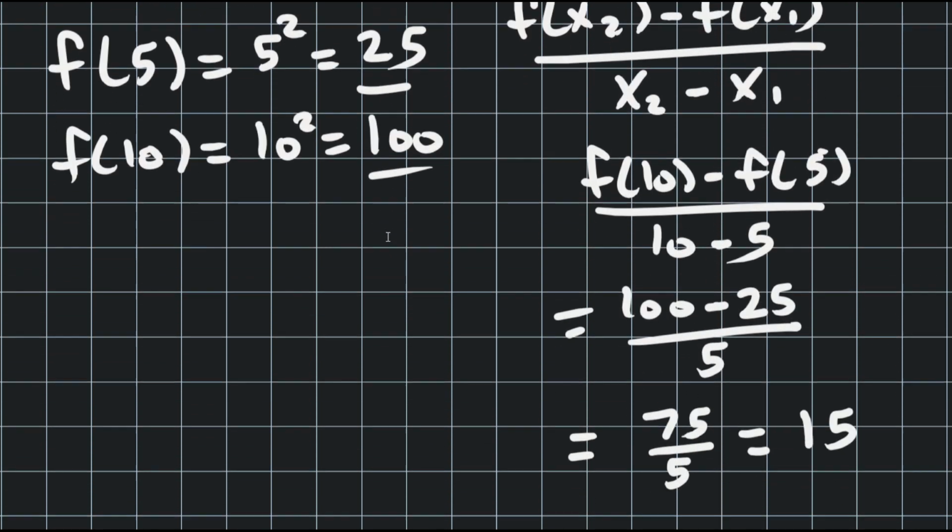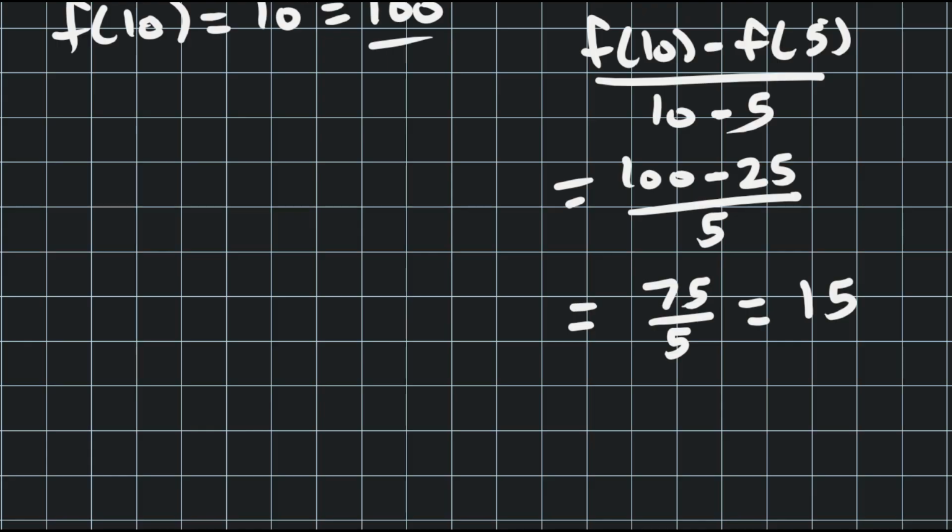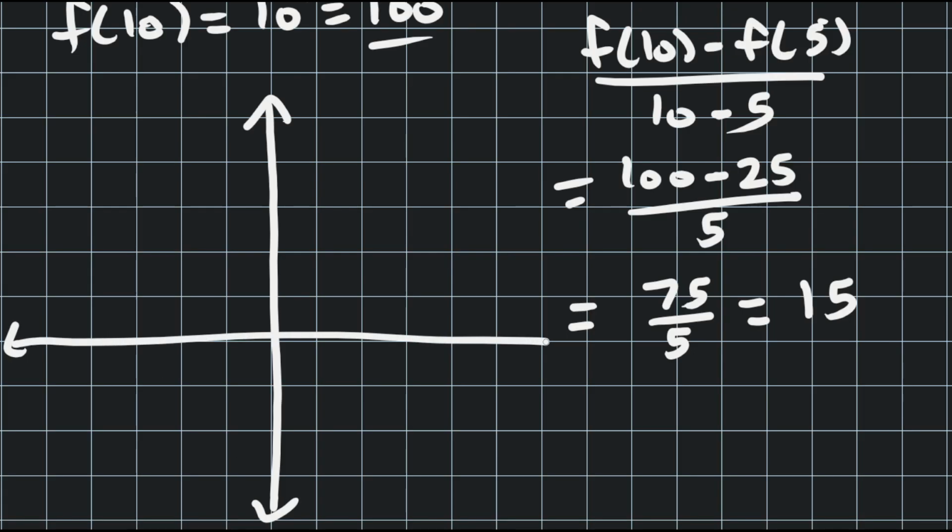So let's check out the quadratic on a graph. We will draw our axes right here. It goes 1, 2, 3, 4, -1, -2, -3, -4, -5.